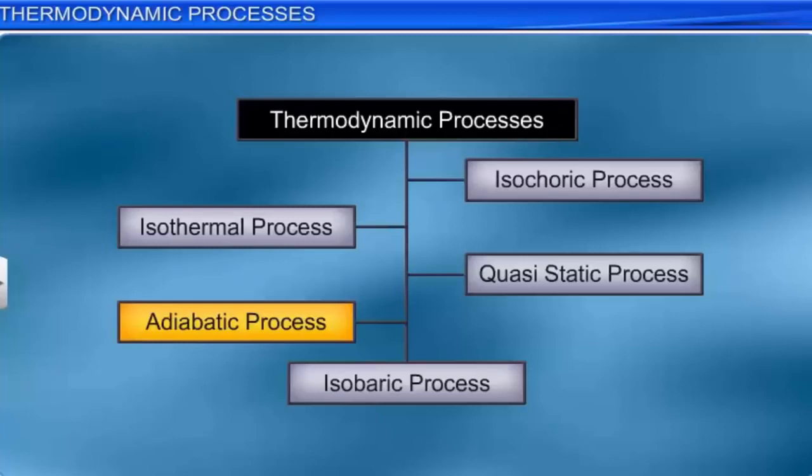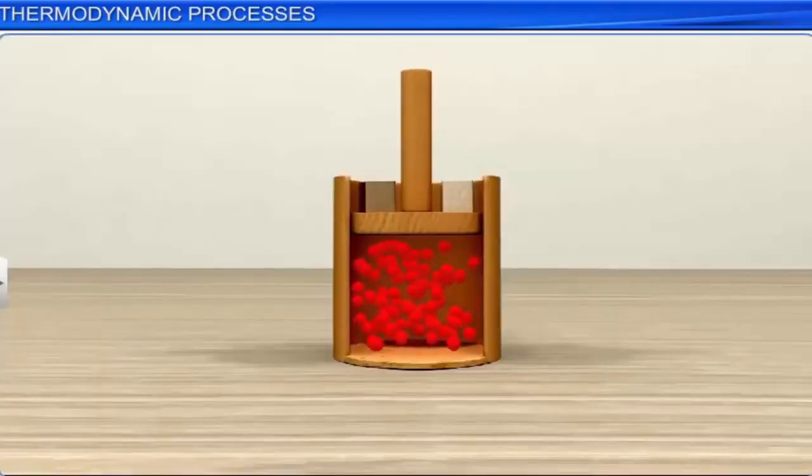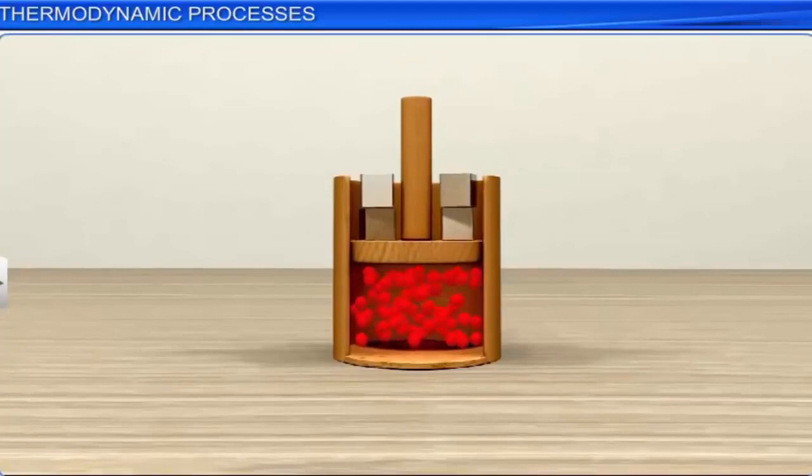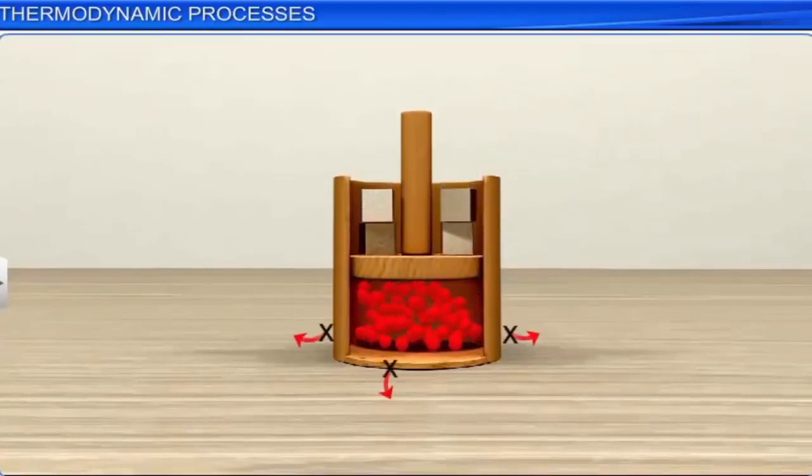Another important thermodynamic process is the adiabatic process. If a system undergoes a process in which heat is neither extracted from it nor supplied to it, then the process is called an adiabatic process. This means that for an adiabatic process, delta Q is equal to 0.